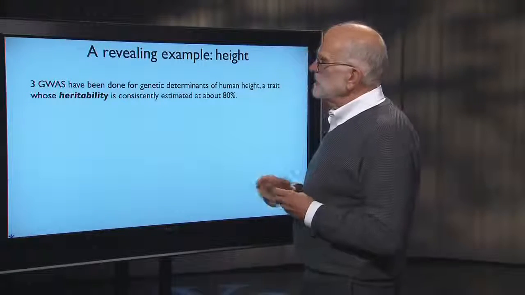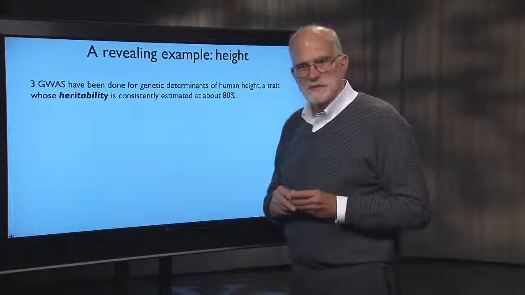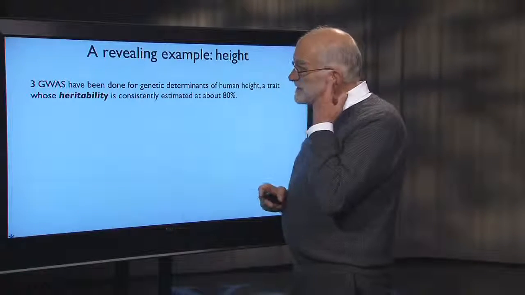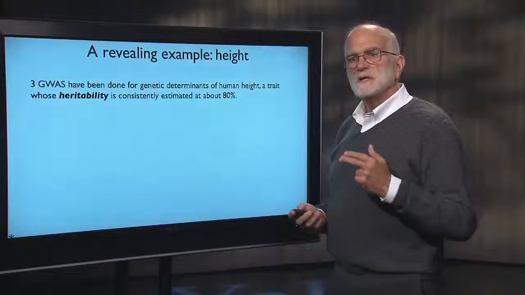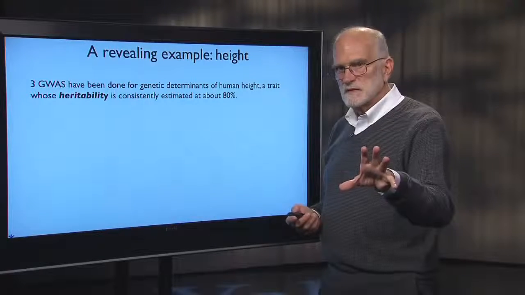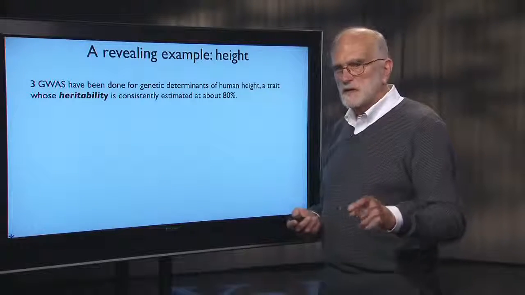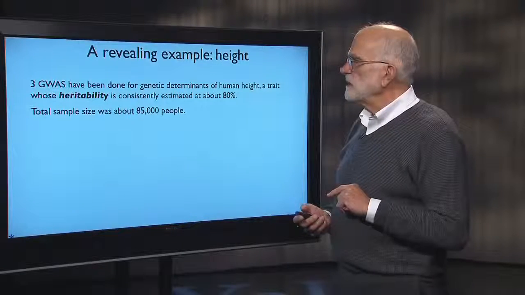Now, human height has a heritability that's consistently estimated at about 80%. What that means is that about 80% of the variation in children can be explained by the height of their parents. It's not looking directly at the DNA.